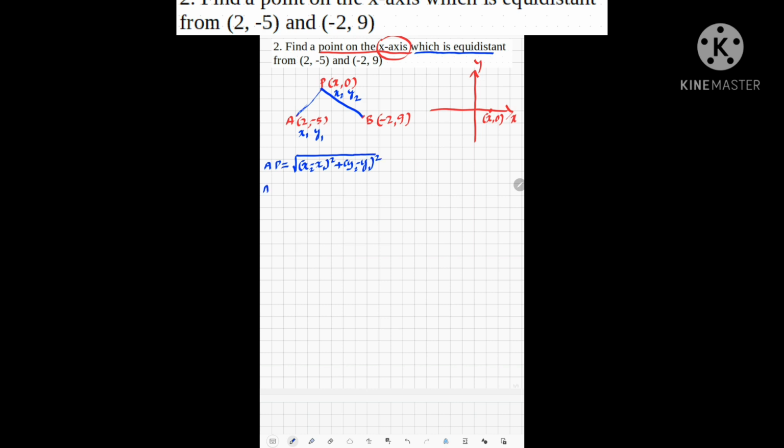Now we have to put all the x and y values. x2 is x, x1 value is 2, whole square, plus y2 is 0, minus 5.